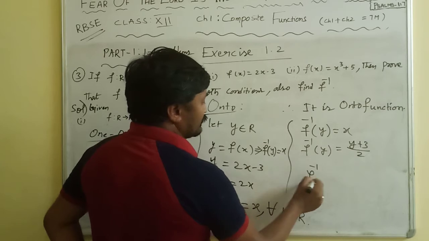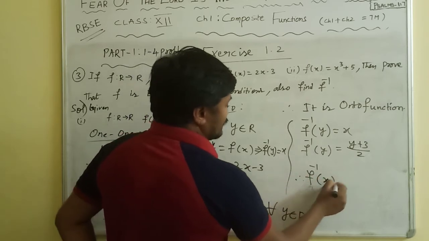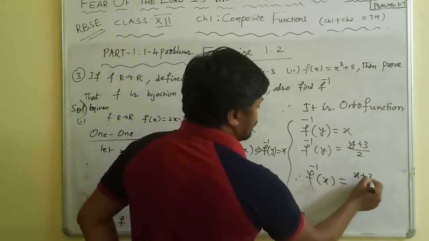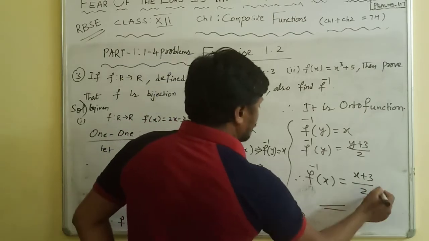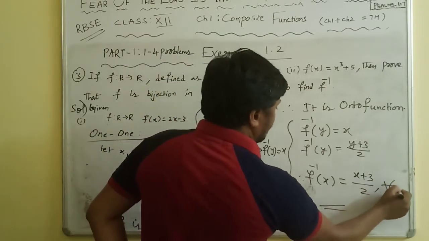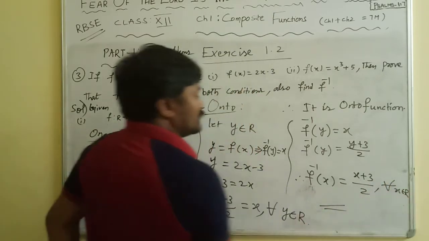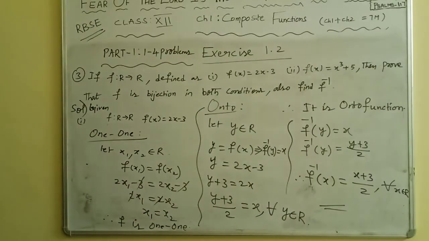So f inverse of x is equal to x plus 3 upon 2, for every x belongs to R. So this is about your first question. In this third question, the first part is this. The same method we have to use to find your second also. Let's move on to that.